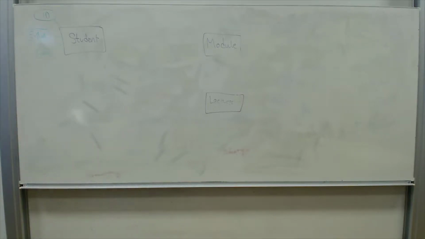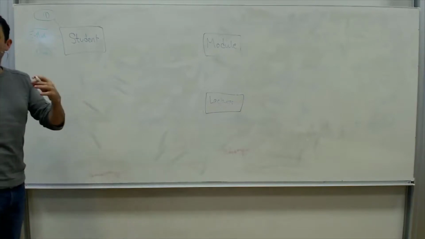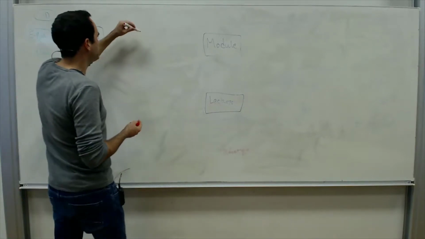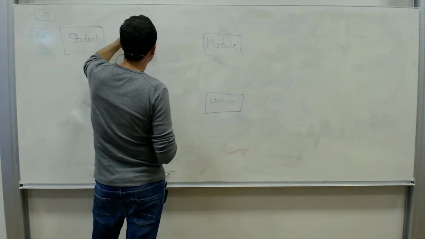And we have a relationship from the student to the module, that the student can take the module. So a relationship between student and module, which says a student can take a module. How did you name that? Can take? Yeah, can take.